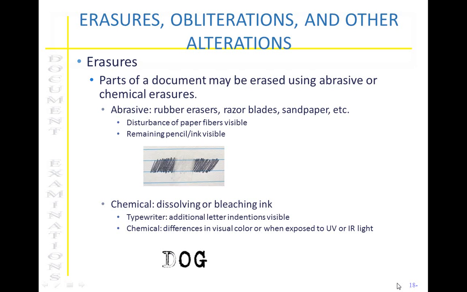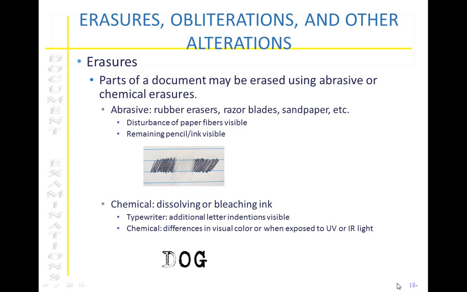So a lot of your abrasive type products are simply going to be the rubber erasers, but in some instances little areas might actually be attempted to be cut out with razor blades or a very small piece of sandpaper. This is going to cause a lot of visual disturbance to the paper fibers itself.